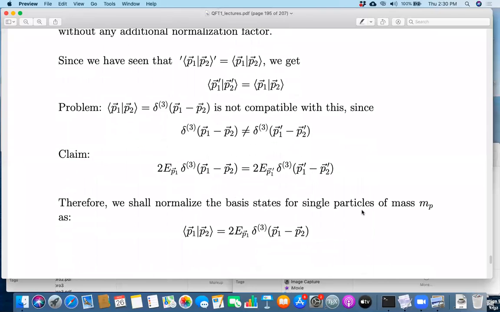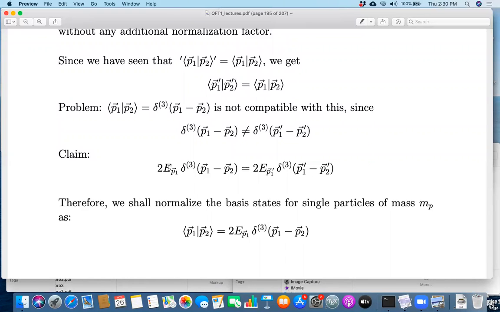Fortunately, there is a remedy, which follows from the following claim, which I'm going to prove in the next slide. While this is not Lorentz invariant, if you take the combination 2E(P1) delta³(P1 minus P2), this is indeed the same as 2E(P1 prime) times delta³(P1 prime minus P2 prime).